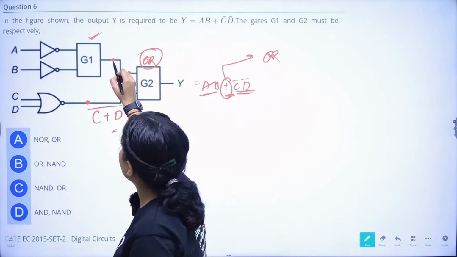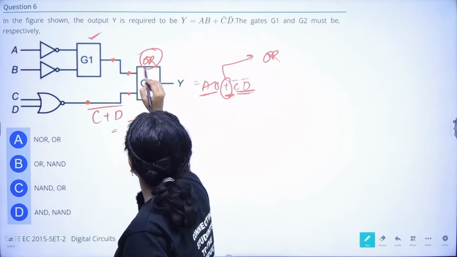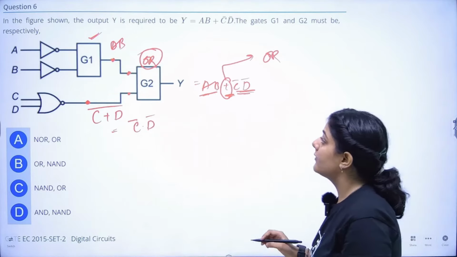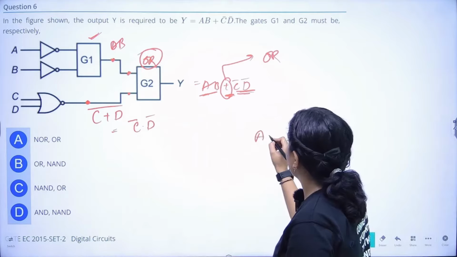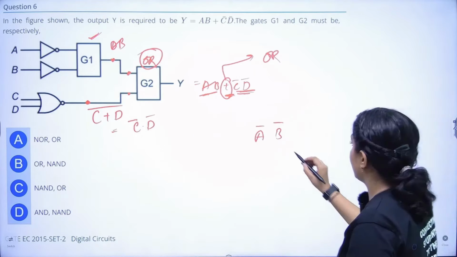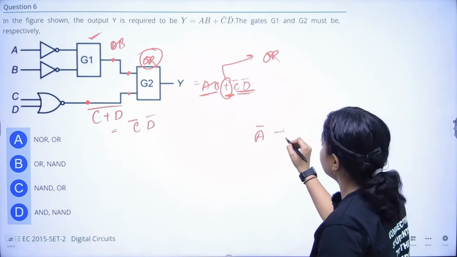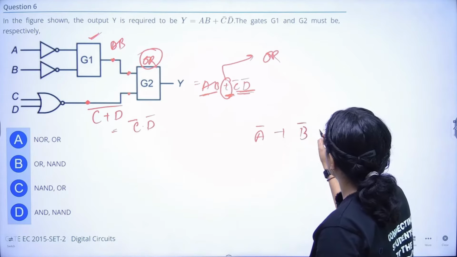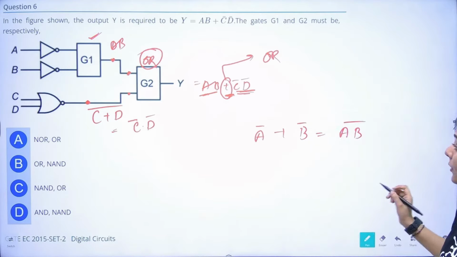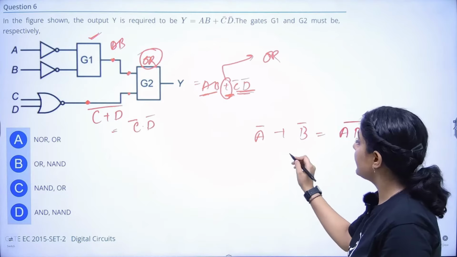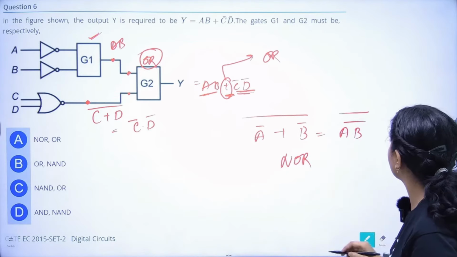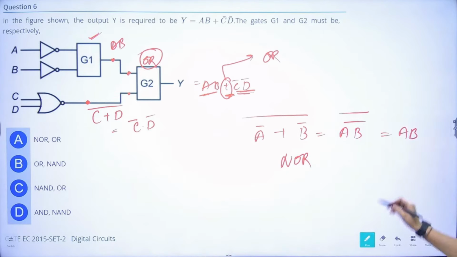Now for this gate we have to find out the final output, which should be AB, right? So A and B, if we add them up, so this will be A B bar, but we have to take note of it. So instead of this, this will be a NOR gate. This will give me AB.